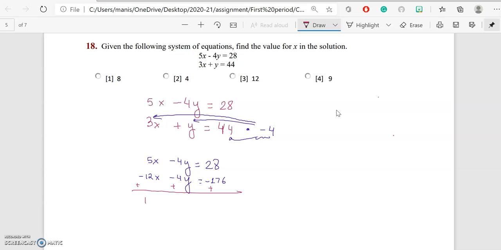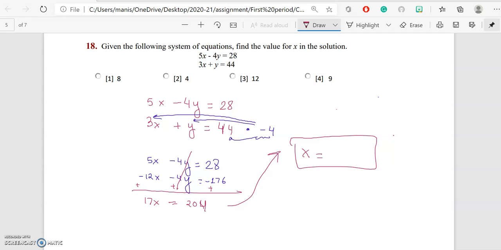So 5 plus 12 will give me 17x. These two will cancel out, and I will have 28 plus 176. When I add those, I end up with 204. So how can I solve this after this? I have to divide both sides by 17. 204 divided by 17, let's check in the calculator.